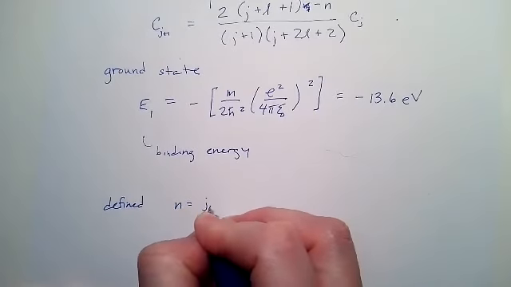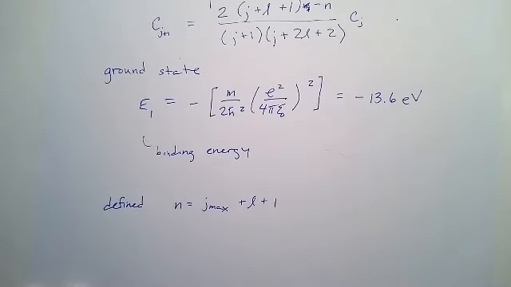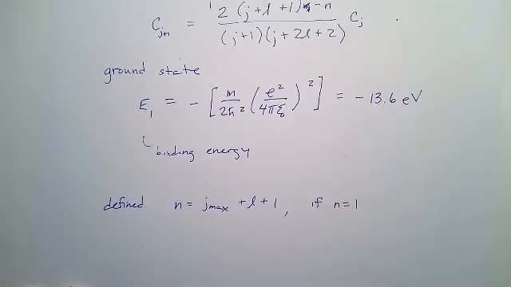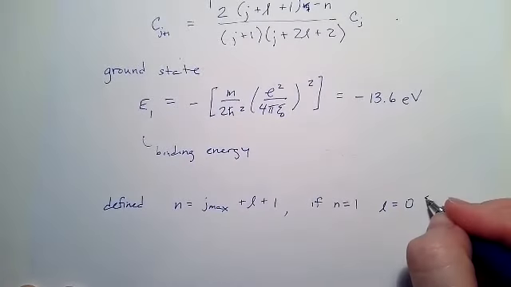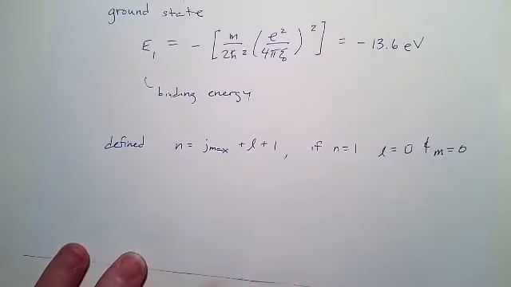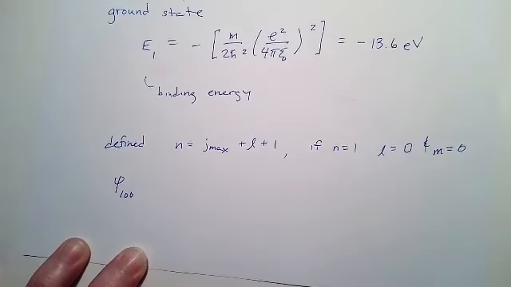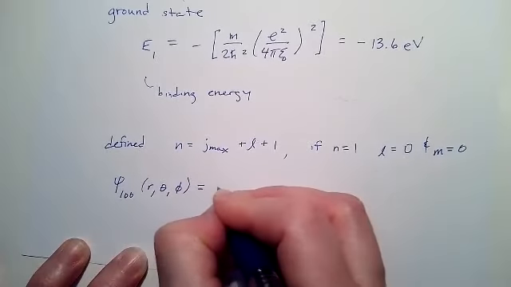So because we defined our principal quantum number in terms of where this recursion formula maxes out, if n equals 1, you have to say that L equals 0. And because our m quantum number is dependent on our L quantum number, m also equals 0. And so our ground state wave function looks like 1, 0, 0, because that's what's allowed in terms of how we defined all these things.